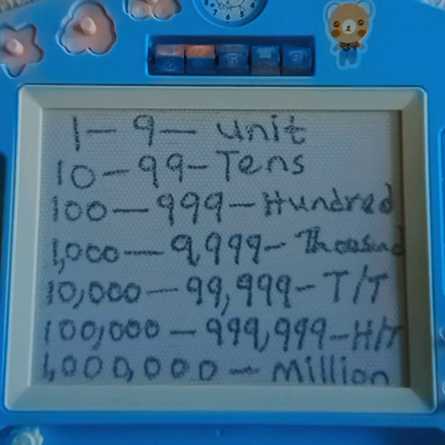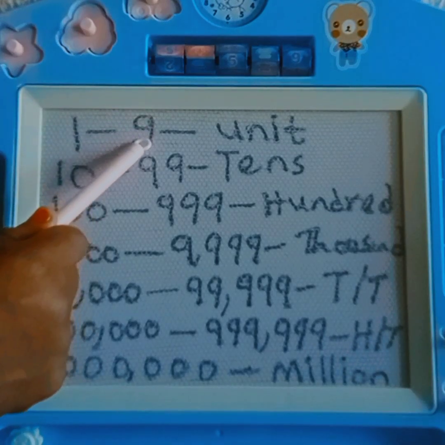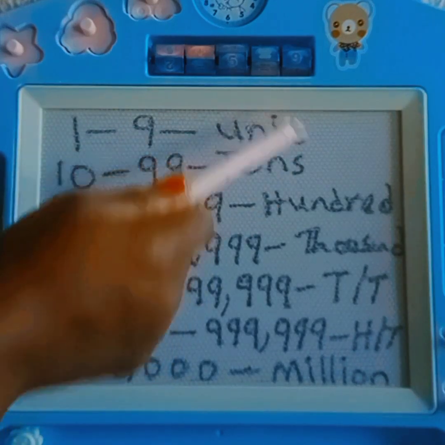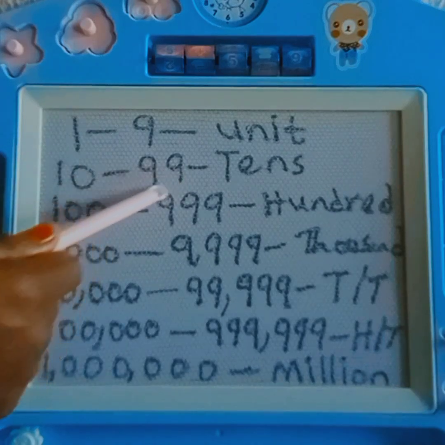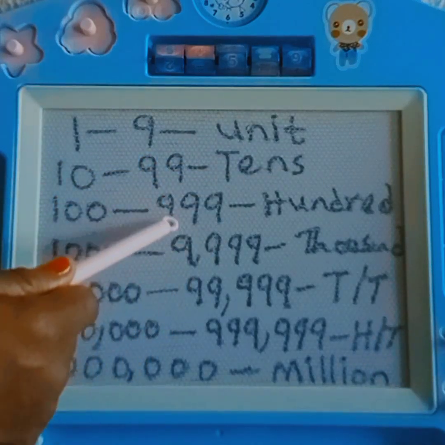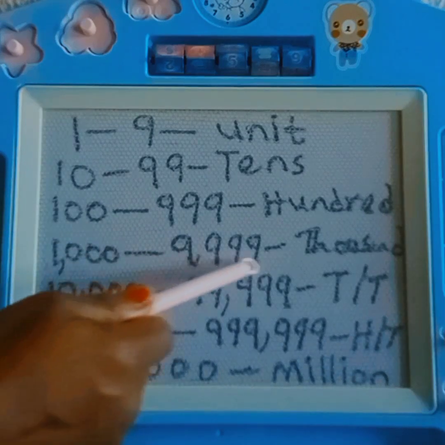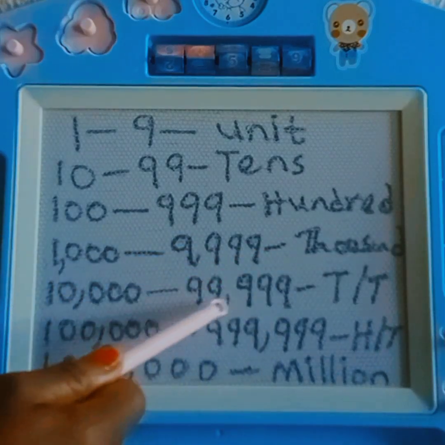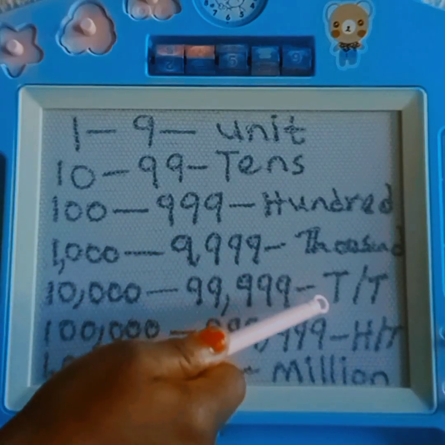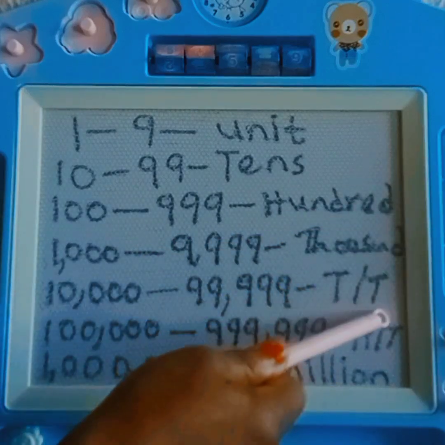You know what the place value of numbers is. So when you have one digit, it is units. When you have two digits, it is tens. When you have three digits, it is hundreds. When you have four digits, it is thousands. When you have five digits, the first one becomes tens of thousands.